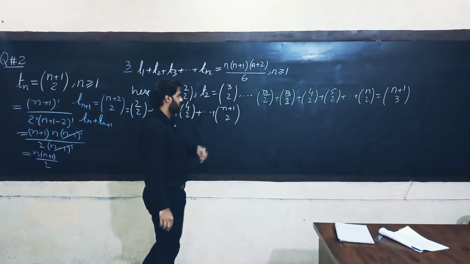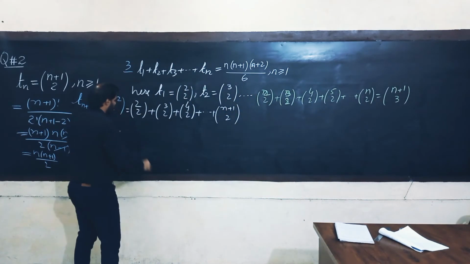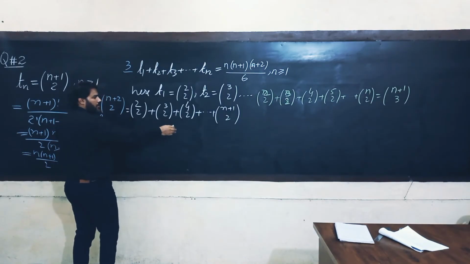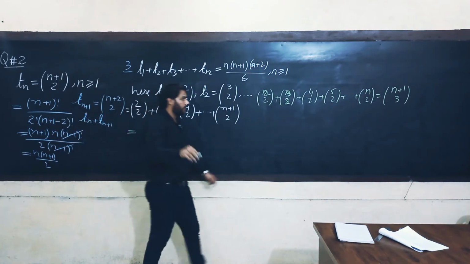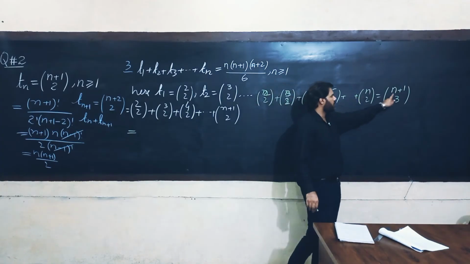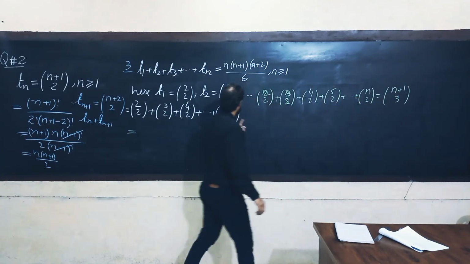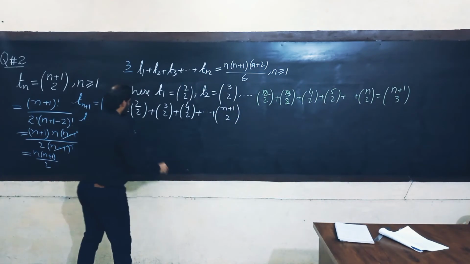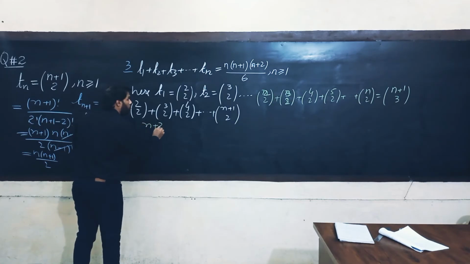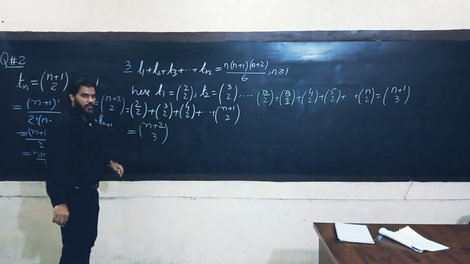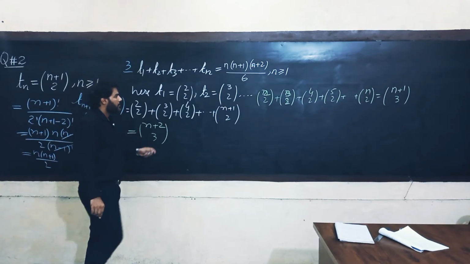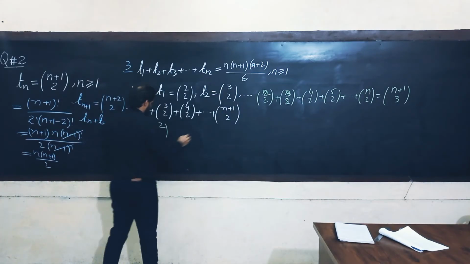So according to this result, we can sum it. If the last number is n, this is increased by 1 to n plus 1. Now our last number is n plus 1, so this is simply equal to n plus 2 combination 3. Next we use the combination rule here and prove this.